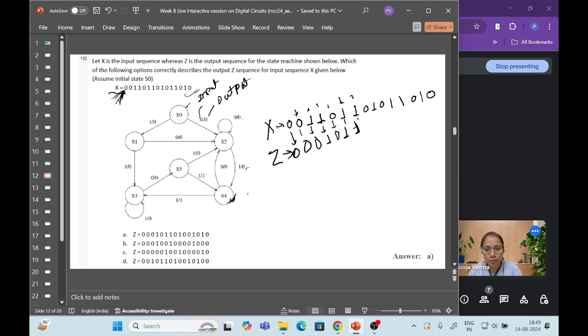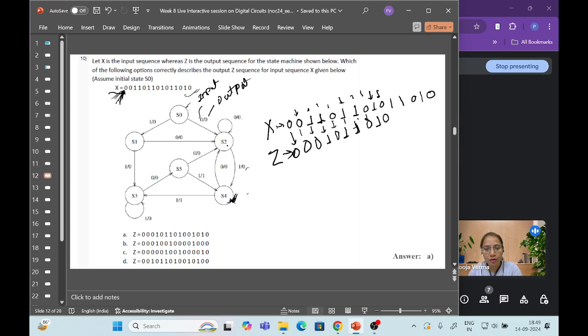The next input is 0, so it goes to S5 with output 0. The next input is again 1, so it moves to S4. Now the next input is 0, and it goes to S2 with output 0.